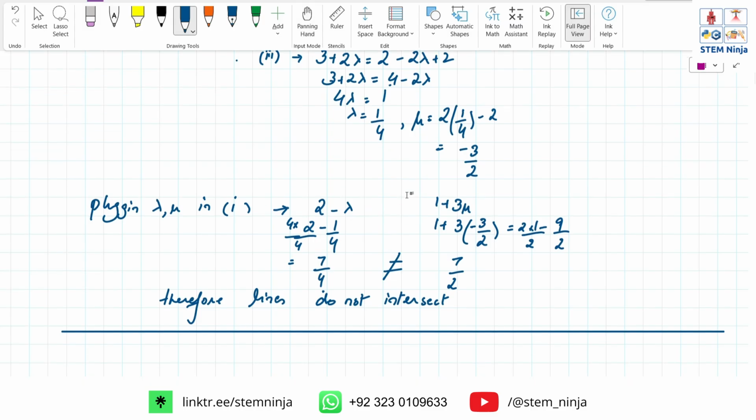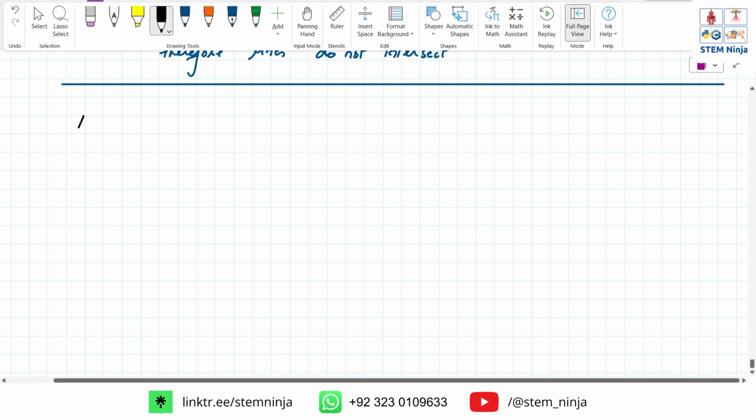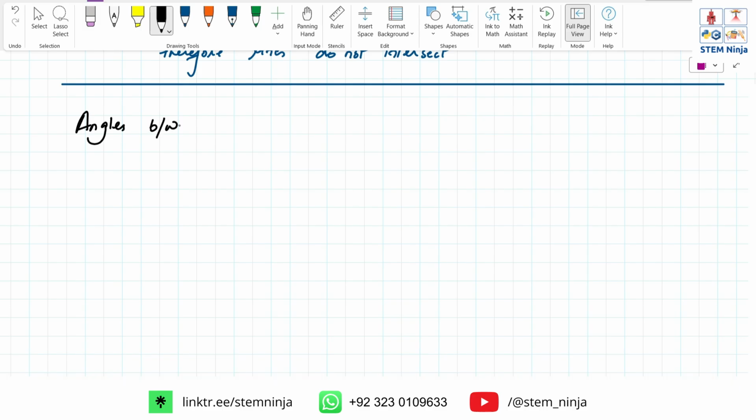All right, let's move on to the next important thing, which is the angle between lines. Whenever we're concerned with angles between lines, we just have to work with direction vectors, because angles are decided by directions. So we look at the direction vectors B1, B2, whatever they are.